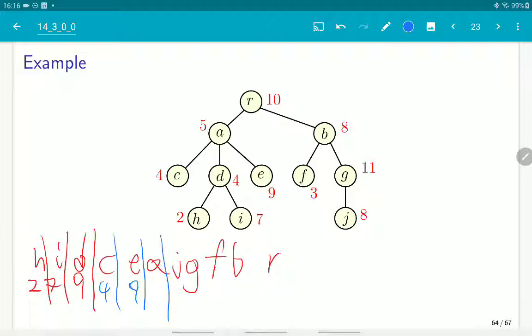Okay, A is going to be interesting. So either it's 5 and the optimal solution in its grandchildren, so 5 plus 2 plus 7, right? 5 plus 2 plus 7 is 14.